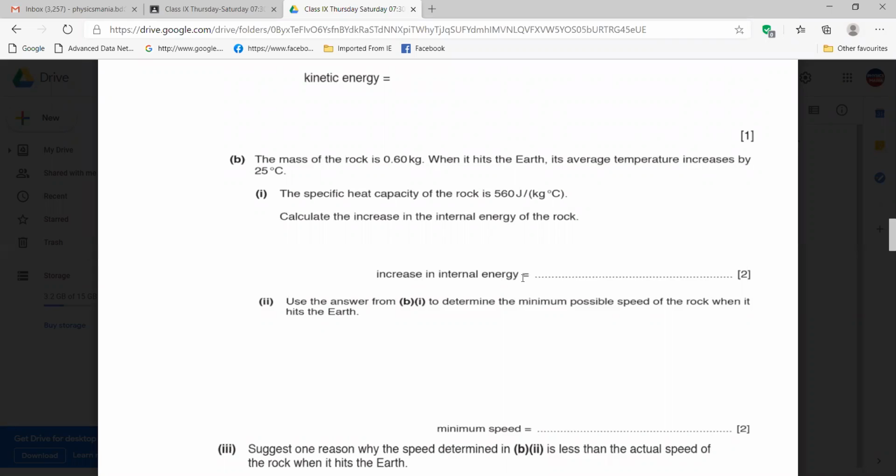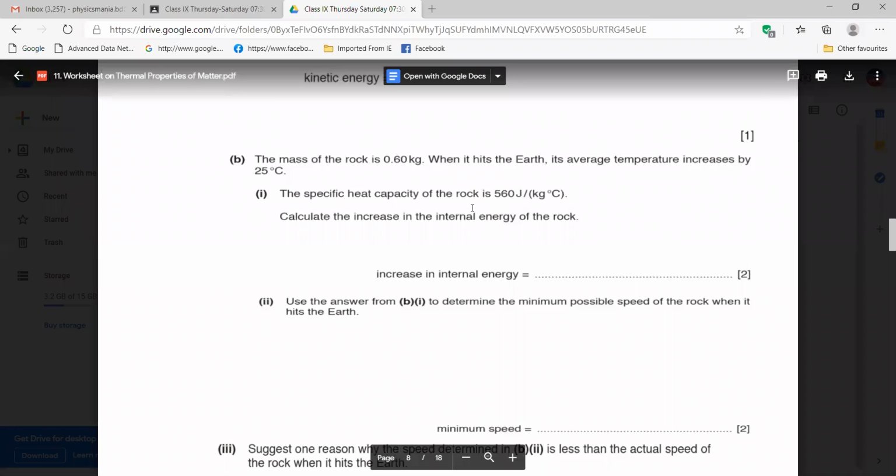Use the answer to part B1 to determine the minimal possible speed of the rock when it hits the earth. So you are going to find the speed, right? Yes, sir, from kinetic energy. The internal energy is converted to kinetic energy, right?